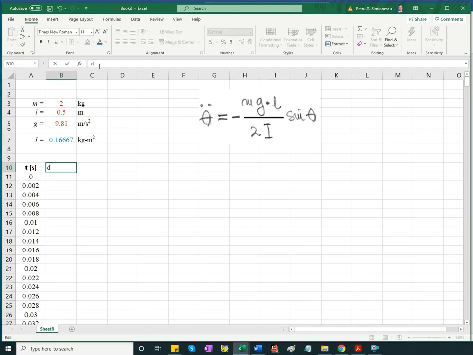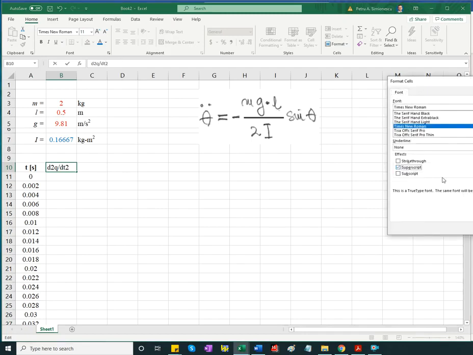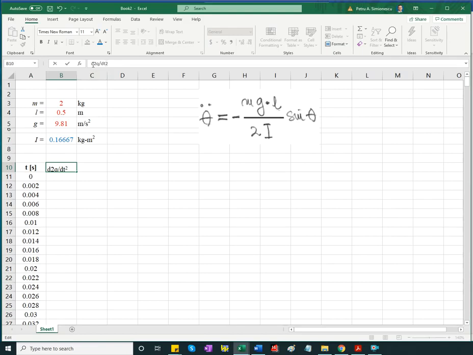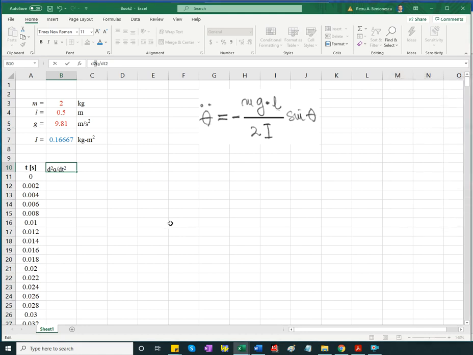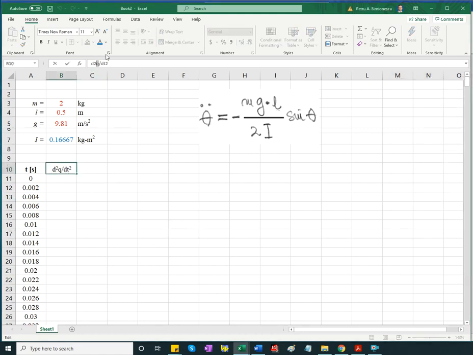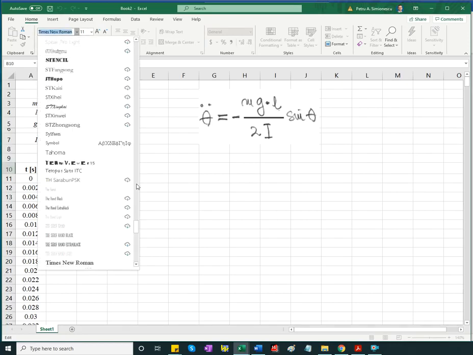I'm going to write it d. Theta is q as symbol. So there is, I'm going to make this a square, and then dt squared, several things, so font and superscript, and then this one also, it's a superscript, and then I'm going to select just q and turn it into a symbol.